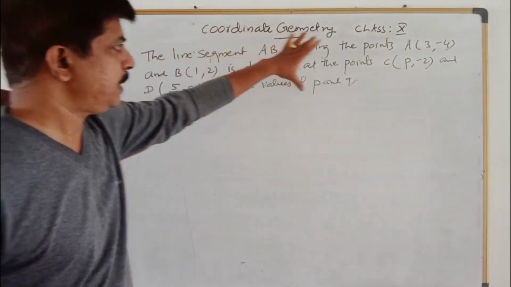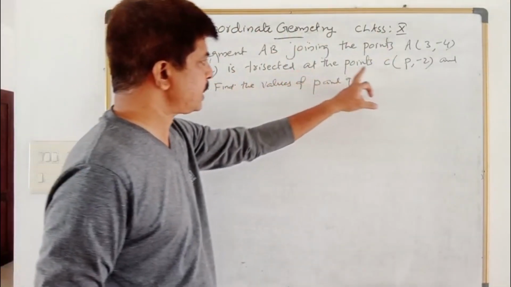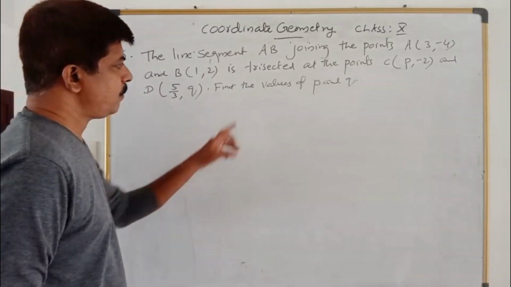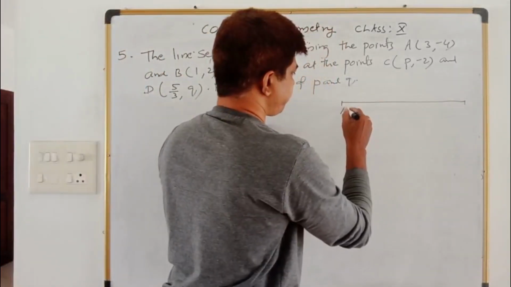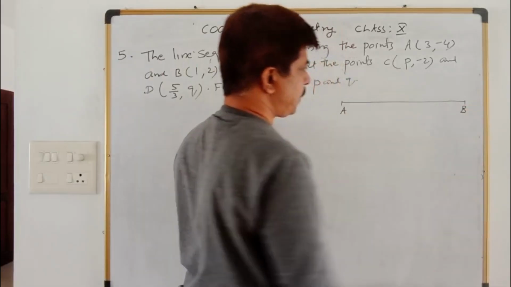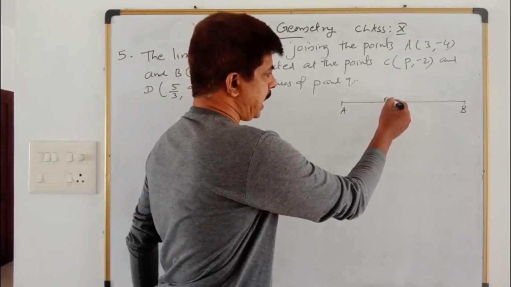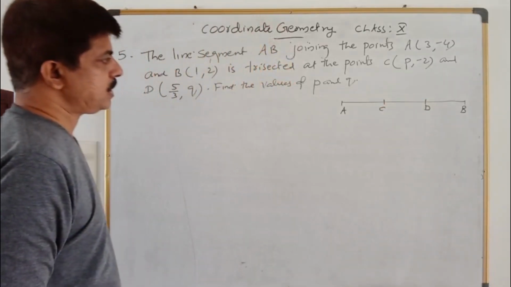The line segment AB joining the points A(3, -4) and B(1, 2) is trisected at the points C(p, -2) and D(5/3, q). Find the values of p and q. We are given a line segment, and this line segment has to be trisected, that means divided into 3 equal parts at the points C and D. All the 3 points are given here.